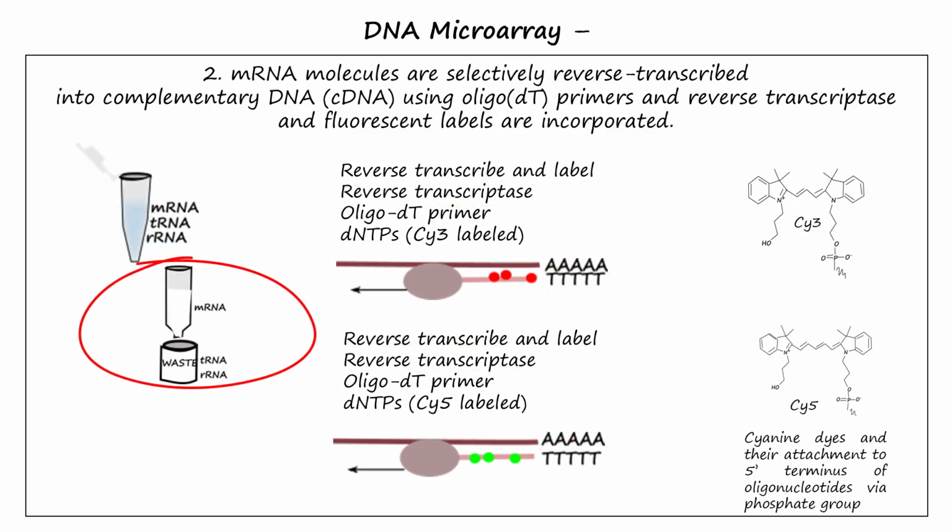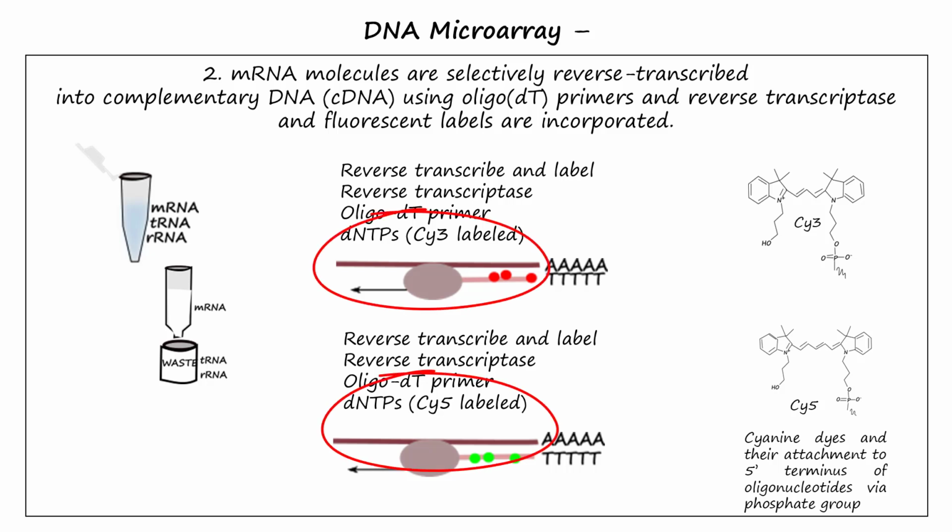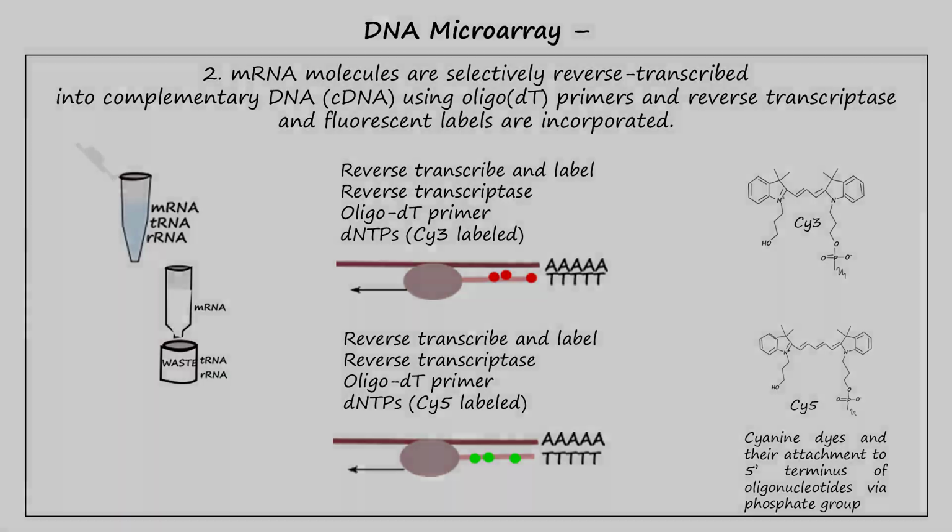In some protocols, mRNA is first purified from the total RNA before cDNA synthesis. Fluorescent labels are incorporated into the cDNA during synthesis or attached afterwards depending on the labeling method used.